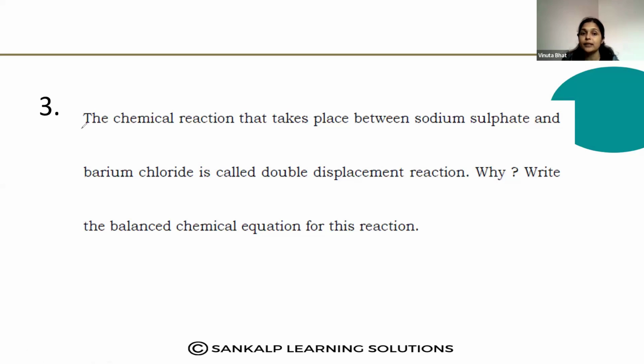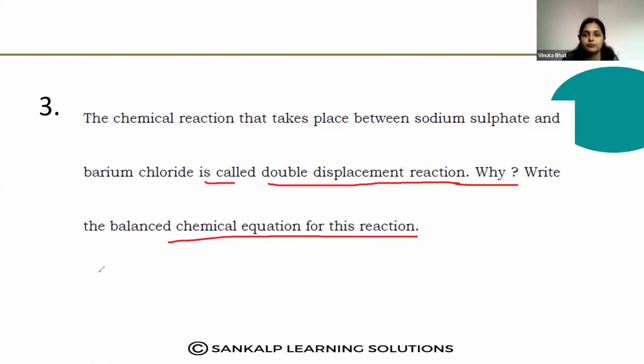Question. The chemical reaction that takes place between sodium sulfate and barium chloride is called a double displacement reaction. Why? Write the balanced chemical equation for this reaction.